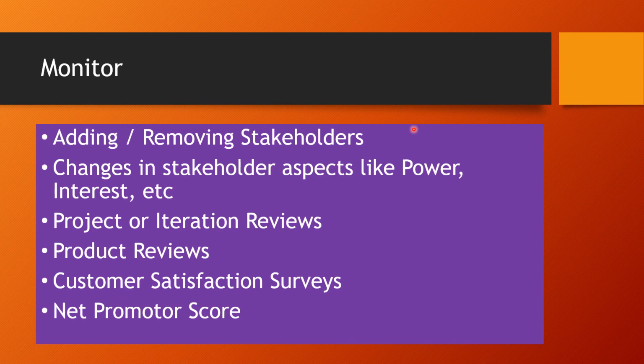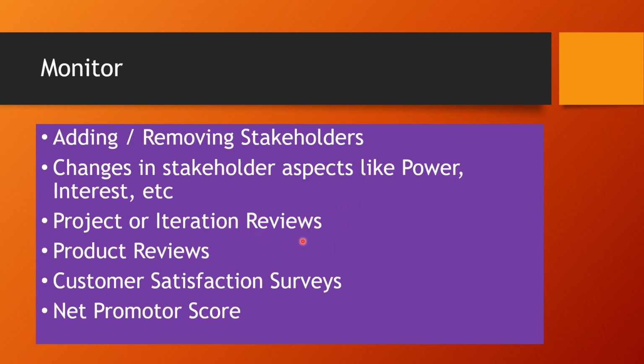Then how do we monitor? Once we engage them, the next step is to monitor throughout the project. We have to ensure that we are identifying them, analyzing them, and understanding their priority, right? So how do we monitor it? Periodically you need to understand adding and removing a stakeholder, any stakeholders who moved out of the project, or who need to come into the project, and the changes in stakeholder aspects like power, interest, or something, right?